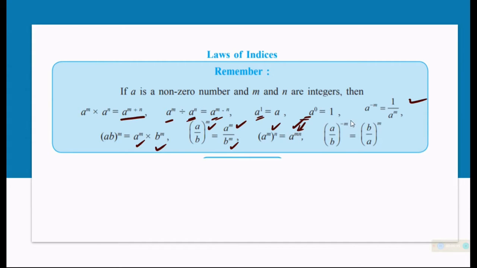And a upon b whole to the power of minus m is equal to b upon a, that is the multiplicative inverse, to the power of m.